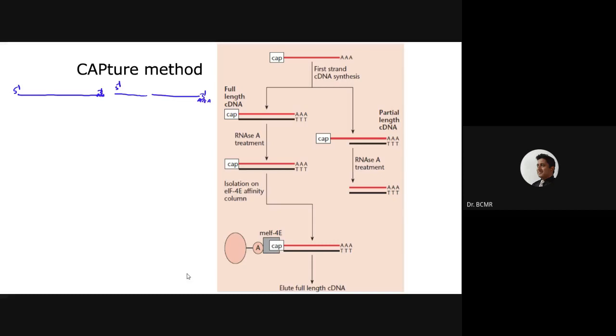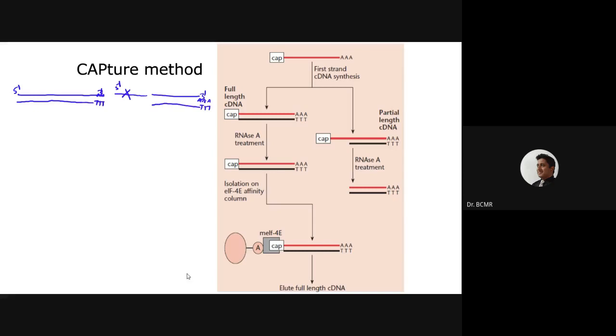Now I'm going to use oligo T and try to amplify it. This is oligo T and here is oligo T. When I add reverse transcriptase, this will synthesize until here. This is broken, so this fragment becomes irrelevant. Only those that have poly A tails are going to be reverse transcribed. That's the correct one. And for the full length, it will reverse transcribe until the end of the mRNA.